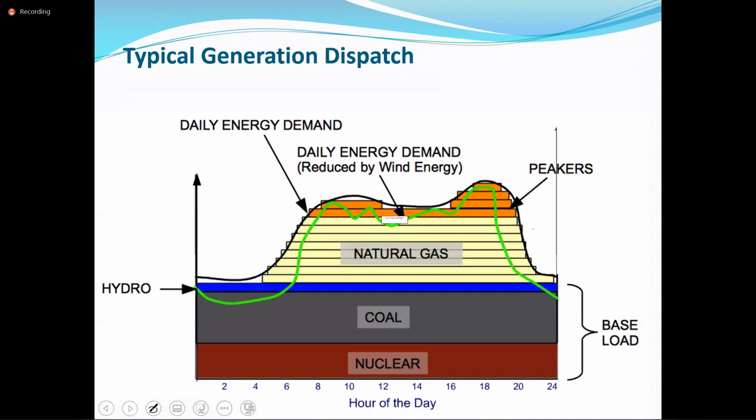All right. This is, forgive me, but I totally forgot the country that I took this from, but it's somewhere in Europe. And what you're seeing is that the nuclear is constant, it doesn't change. Similarly coal, because you really can't shut down a coal plant per se.